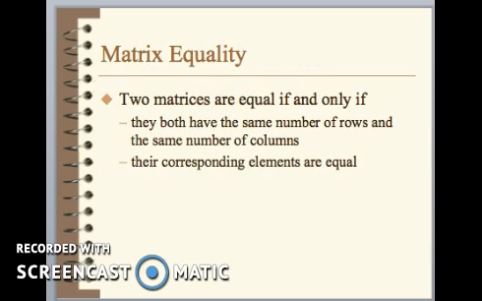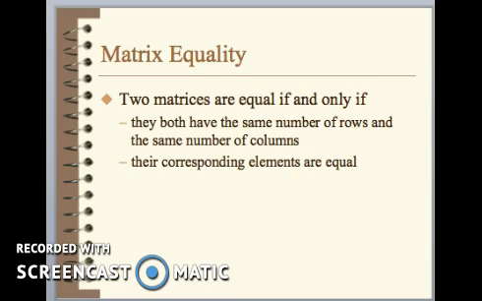Now, when we're talking about matrix equality, they're only equal if they have the same number of rows and the same number of columns, and their corresponding elements are equal.